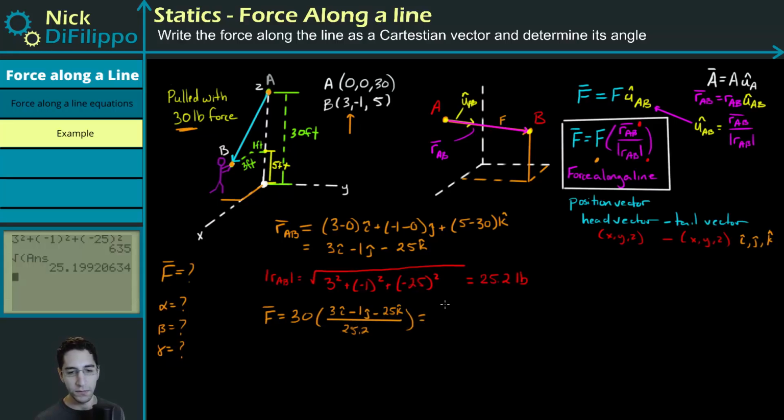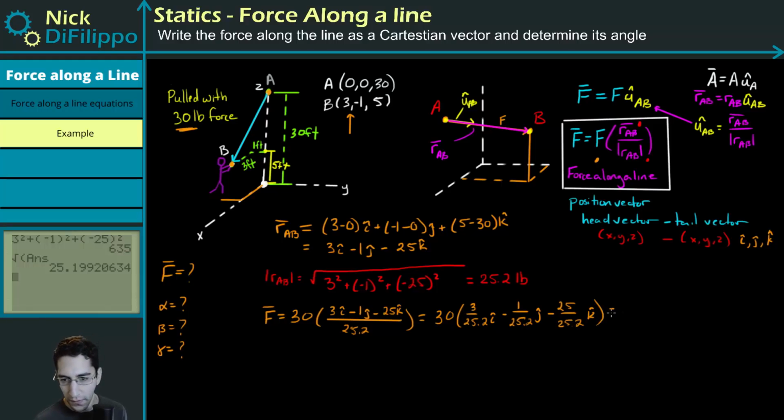Now this can be equal to 30 times 3 divided by 25.2 i minus 1 over 25.2 j minus 25 over 25.2 k.